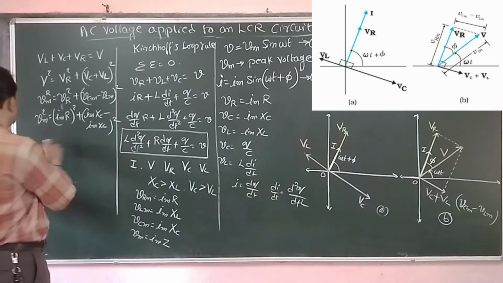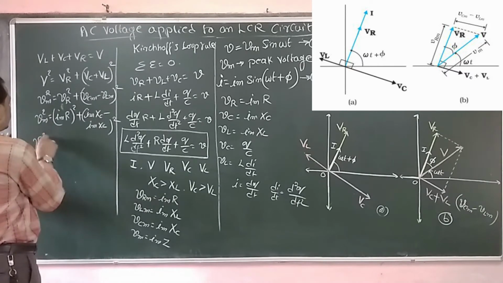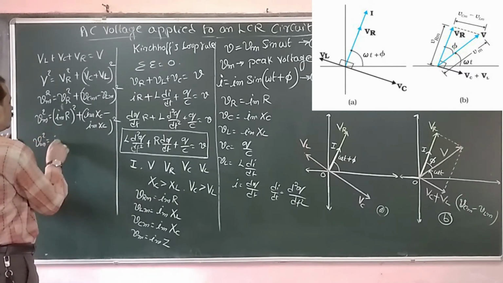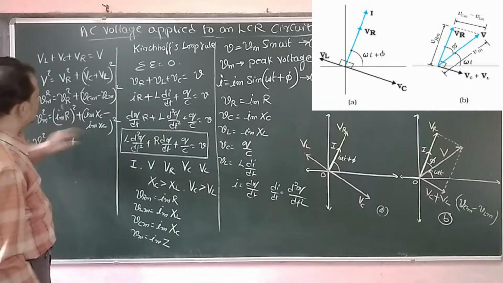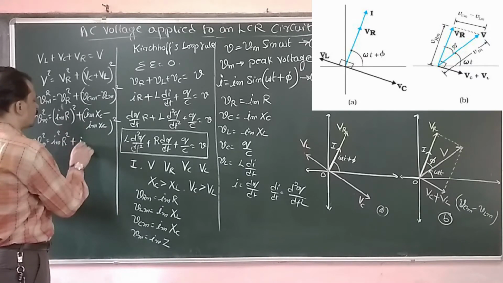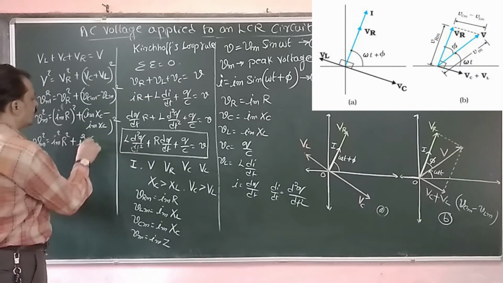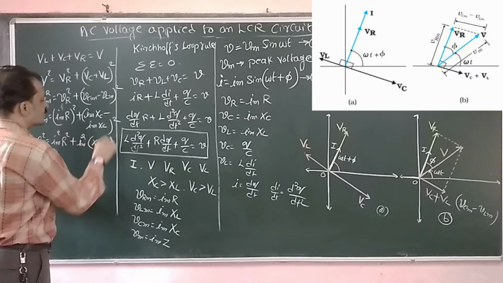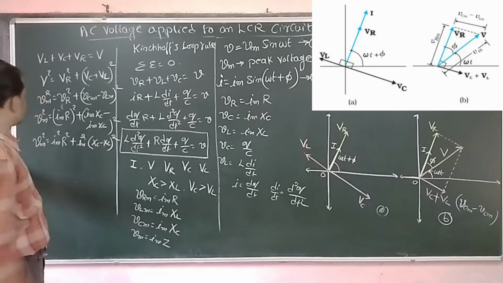Now simplifying further, Vm square is equal to Im square R square plus, here Im is common, I am taking Im square outside and I am getting Xc minus XL whole square.